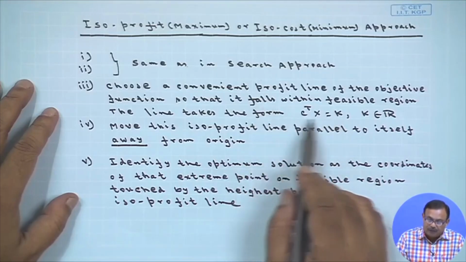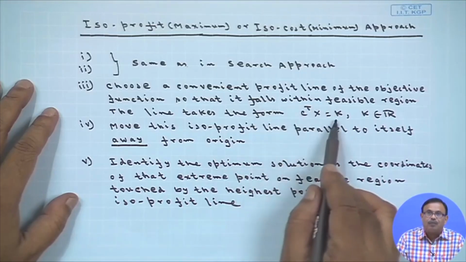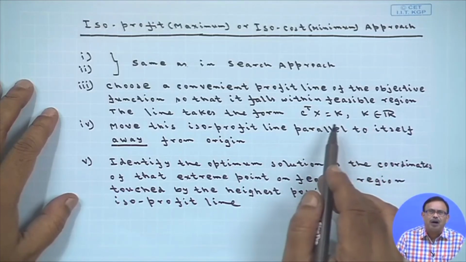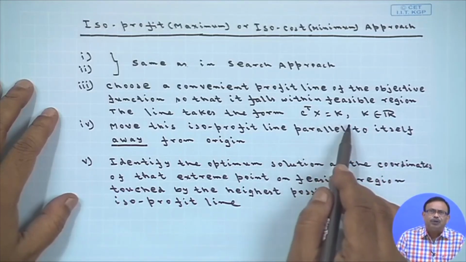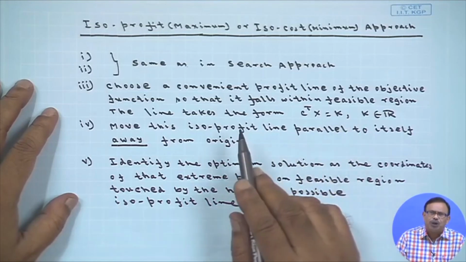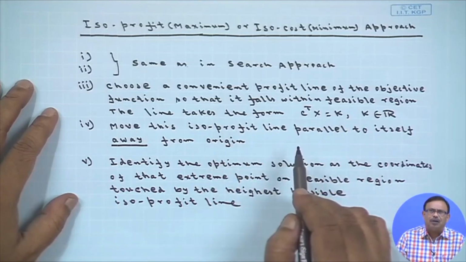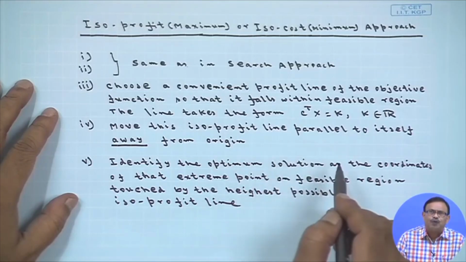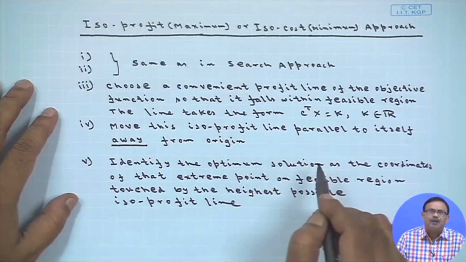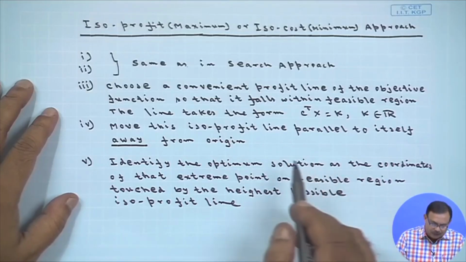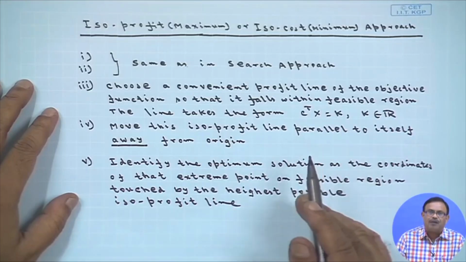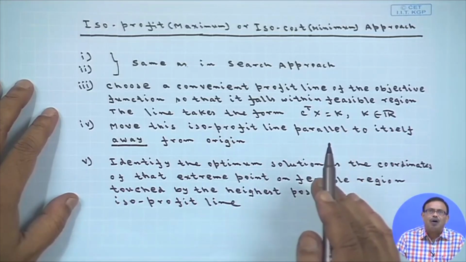Here we are saying you take a line of the form C transpose x equals k, where k belongs to the real numbers, and using this you choose an arbitrary profit line of the objective function, and that line should fall inside the feasible region. Now, move this ISO profit line parallel to itself away from the origin.